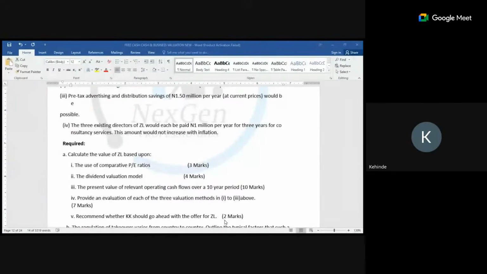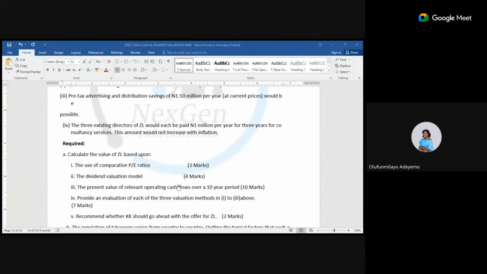Or is it that the 1 million naira that they will be paid will cover 3 years? Yes, the 1 million. That is why they later add that clause of 3 years. There are 3 directors. We will pay them 1 million per year for 3 years.